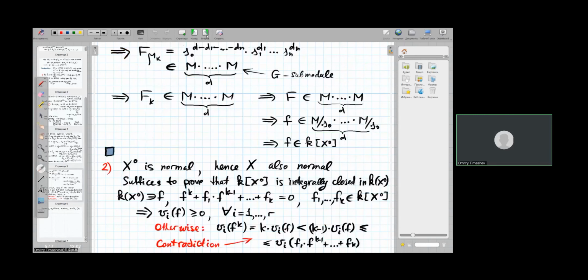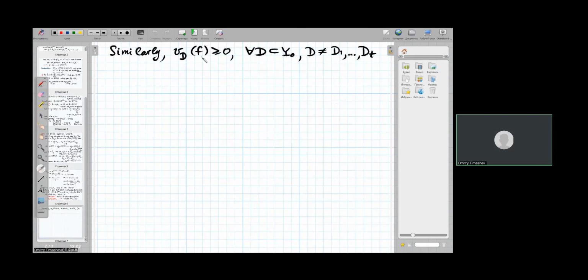Okay. So therefore we conclude that f belongs to the coordinate algebra of X0, because it satisfies all inequalities.